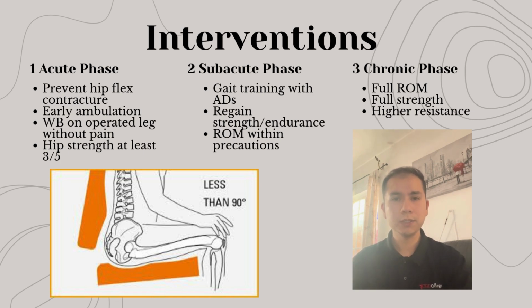The interventions that were done within the clinical setting where I worked with the patient were passive range of motion, hip flexion until 90 degrees, and then passive range of motion, internal rotation.